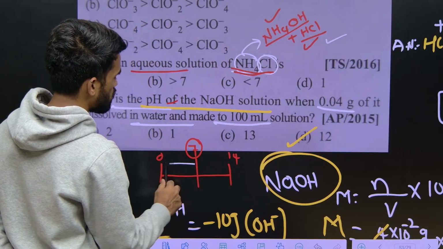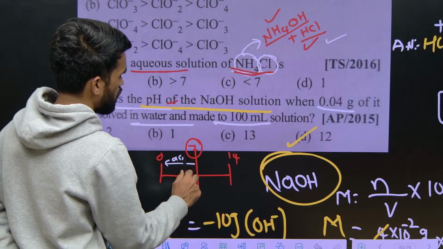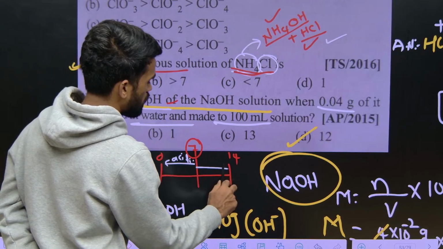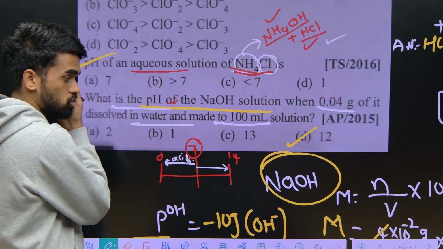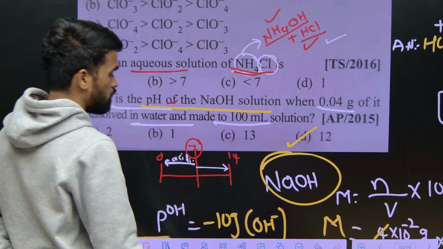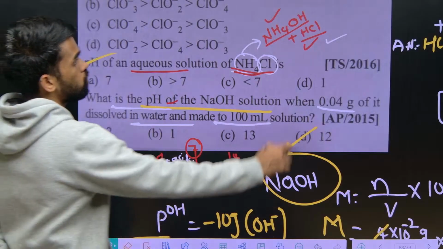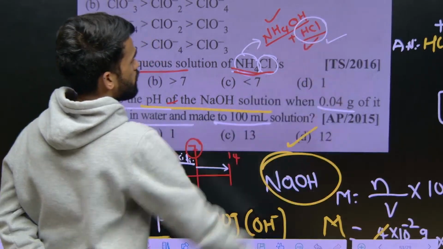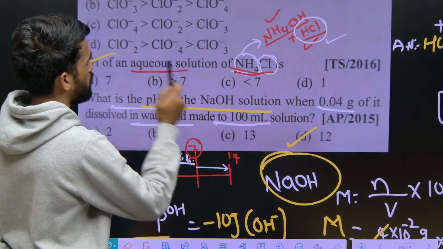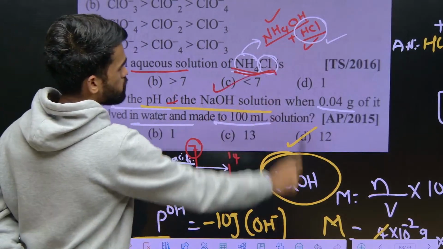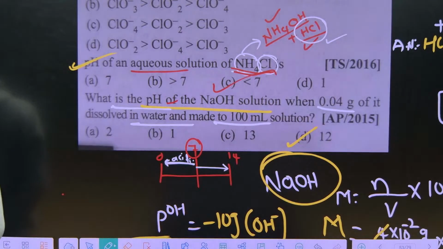Lower than 7 we say acidic, and higher than 7 basic. If it is close to 0 it's a strong acid, towards 7 a weak acid. So here HCl makes the solution acidic, therefore pH will be less than 7. So option C is your answer for the question.